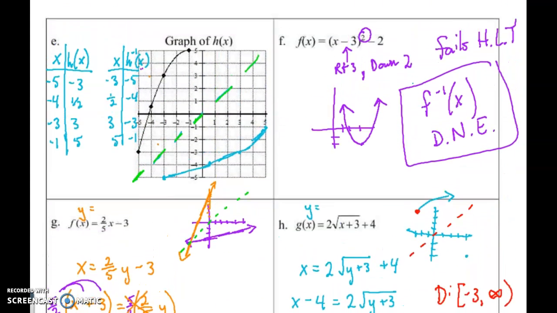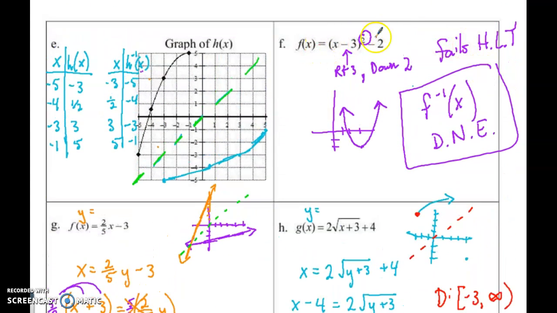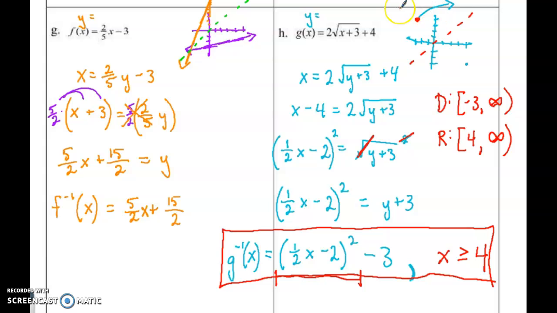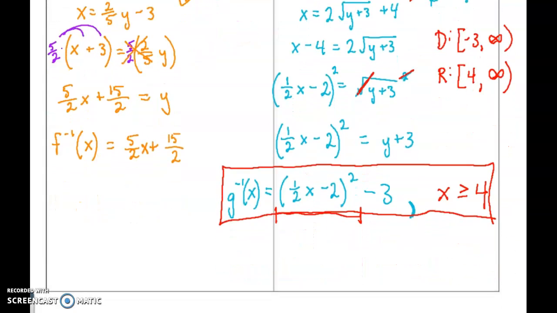But remember earlier we had to say that the parabola from letter F failed the horizontal line test, so the inverse does not exist. Well, now the square root function passes the horizontal line test and vertical line test while I'm at it. So its inverse must also pass. Well, that only passes if we limit the domain, and again the range becomes the domain in this problem.